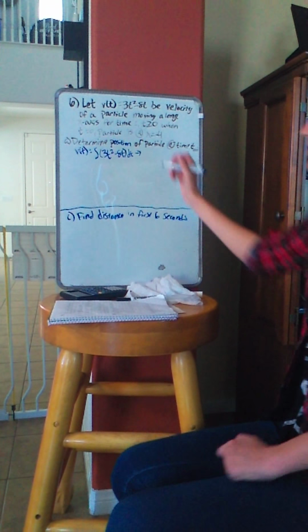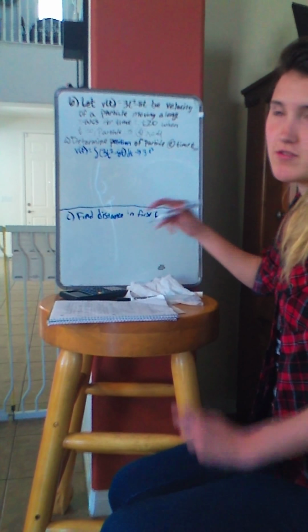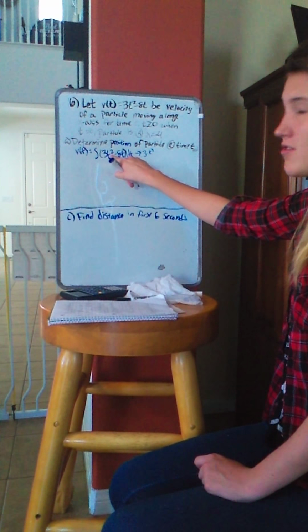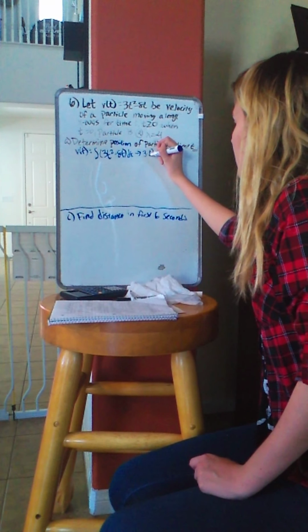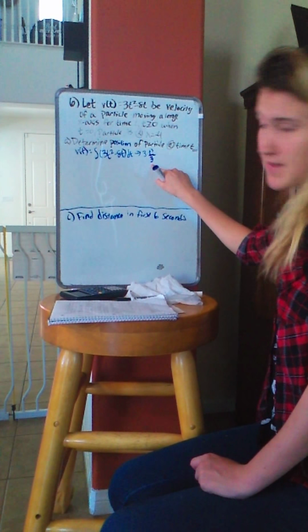And that is just going to be 3 times t cubed over 3, because for integration, we're trying to get to the step above. So you add 1 to the degree, and then whatever that degree is, you divide by it.